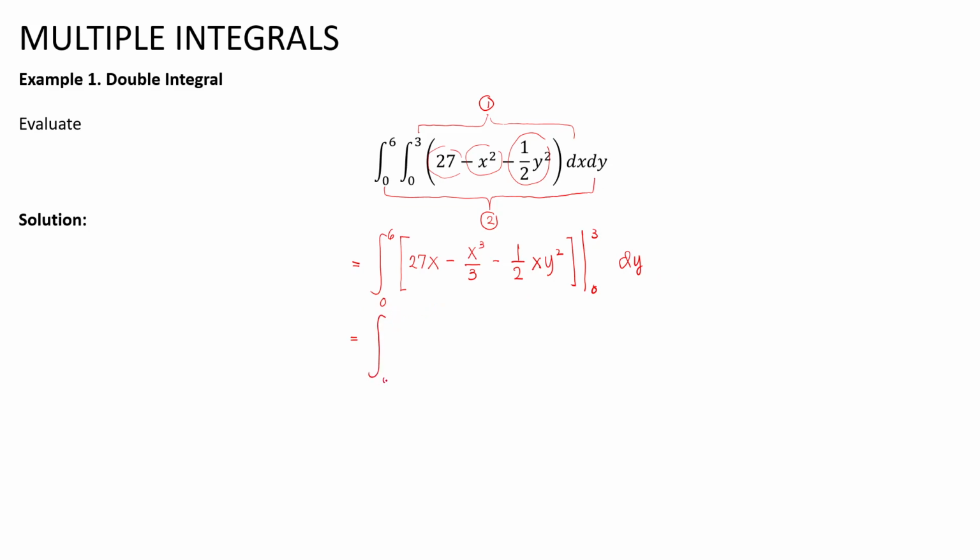This is going to be from 0 to 6, and then 27 times 3, then minus 3 cubed over 3, and then minus 1/2 times 3 times y squared.